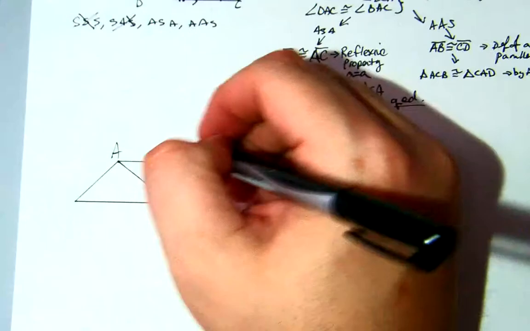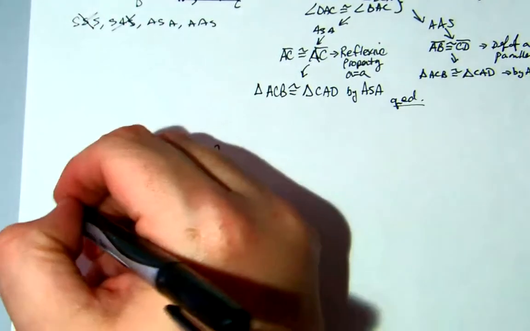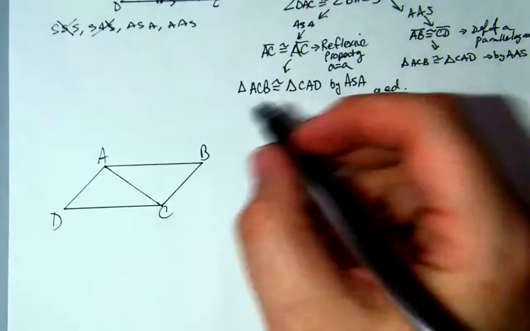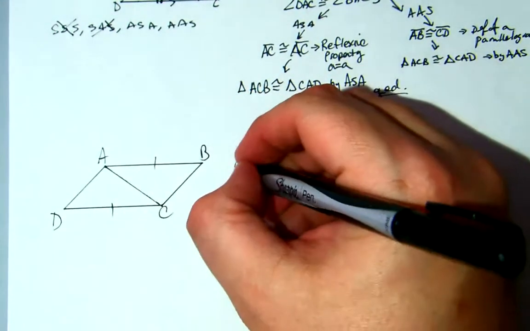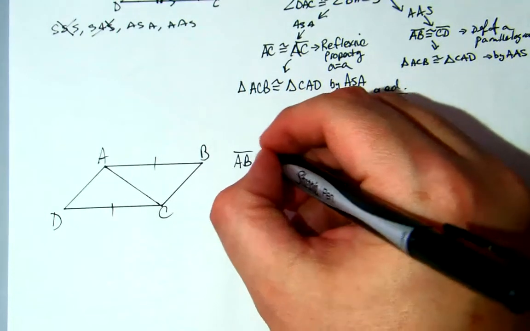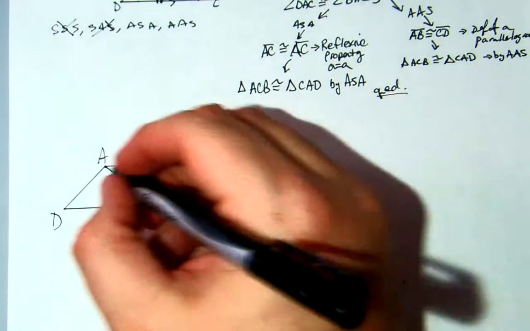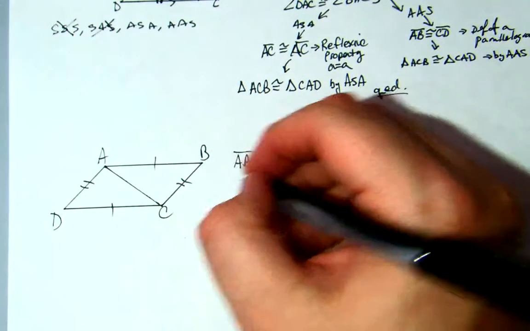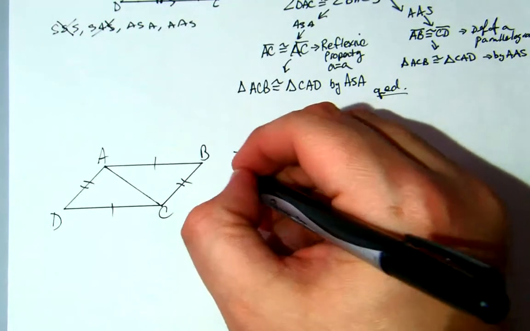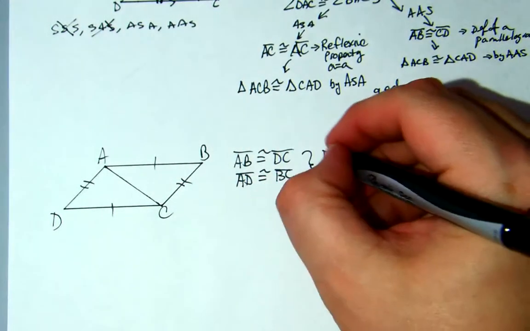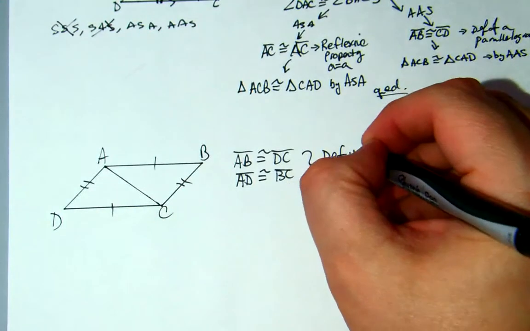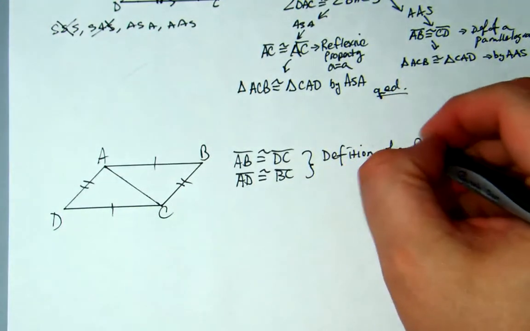Same thing, A, B, C, D. And now what we can say is segment AB is congruent to segment DC, and segment AD is congruent to segment BC by the definition of a parallelogram.